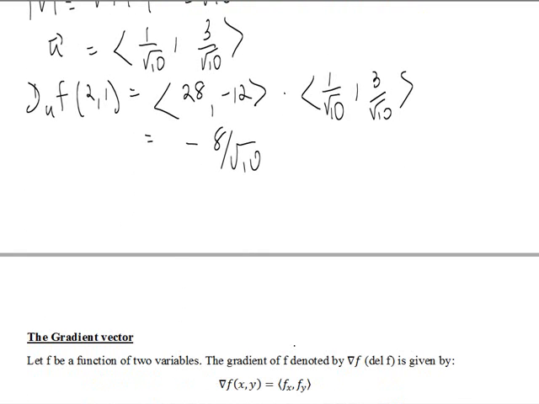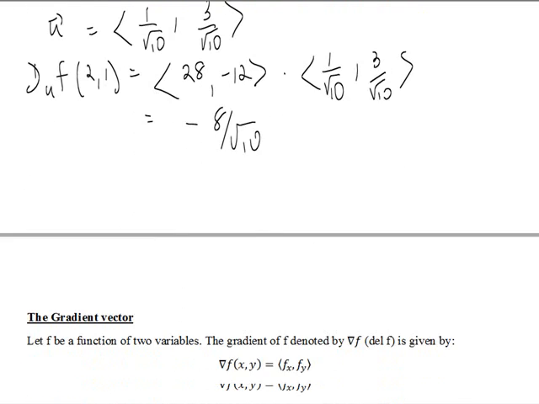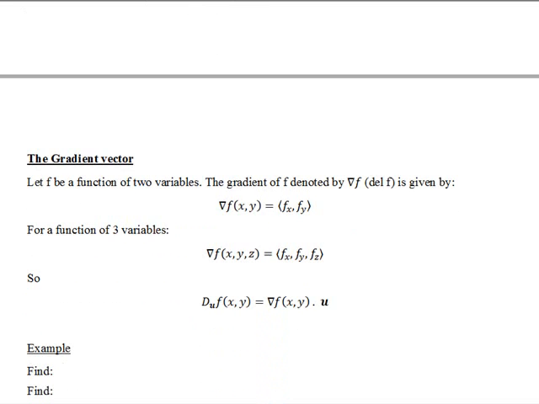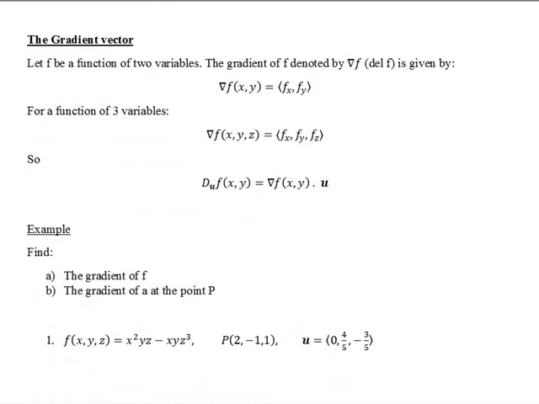Okay. Let's move on. So that was directional derivative. Let's move on to the gradient. The gradient vector. Let f be a function of two variables. The gradient of f, denoted by this symbol, and you read it as del f, is simply the vector with the first partials.